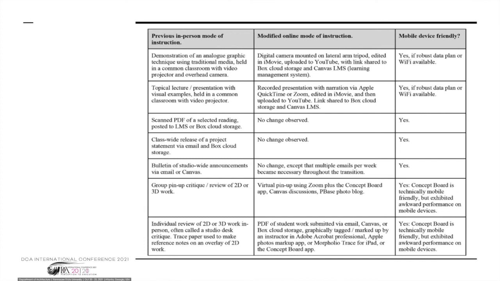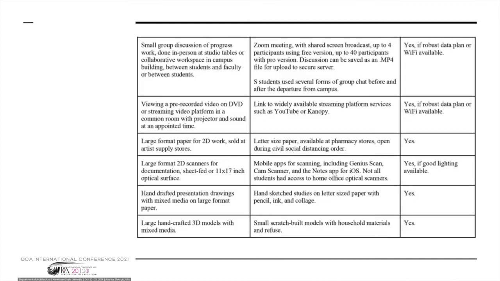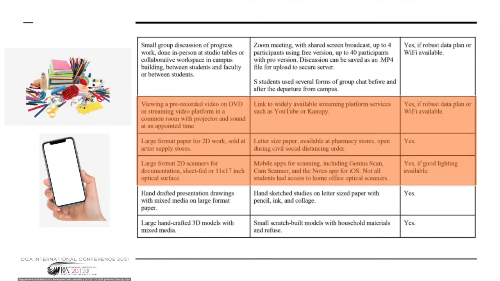So I have a table here in the paper that explains how some of the things we were used to on campus had to be modified and whether or not that was mobile device friendly. While students' cell phones are certainly a form of distraction while they're on campus, it became, for some of them, the link to the online mode of delivery, as bandwidth or computers may have been limited in their households, given that many of their families were working from home or they had siblings that were involved in their own online modalities.